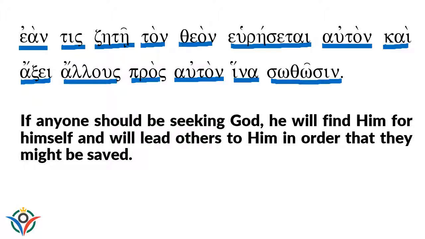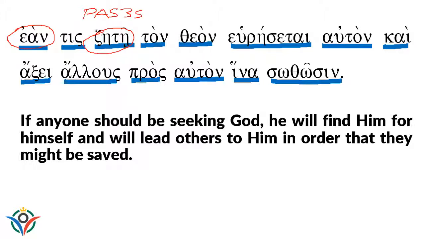Let's make one or two observations here. It starts off with ean, beep, beep, beep. The subjunctive is coming. So our first subjunctive verb here is zete. This comes from zeteo. So if we had to parse zete, this is a present, active, subjunctive, third person, singular.